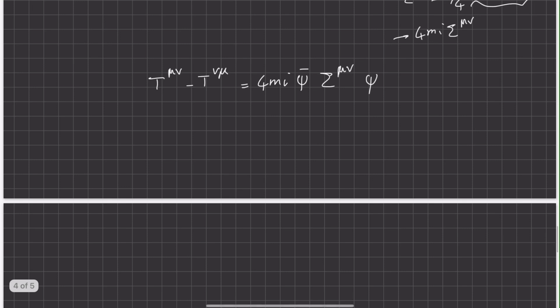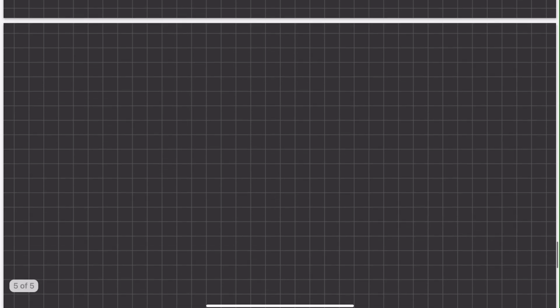And now the next step is to calculate the spin current change, the change in the spin current. The spin current is also defined with 3 indices. The spin current is going to be S lambda mu nu, and we are going to define it by Noether's theorem.